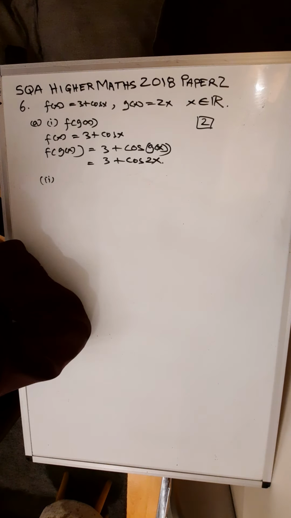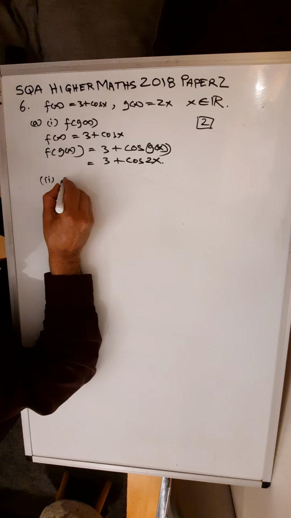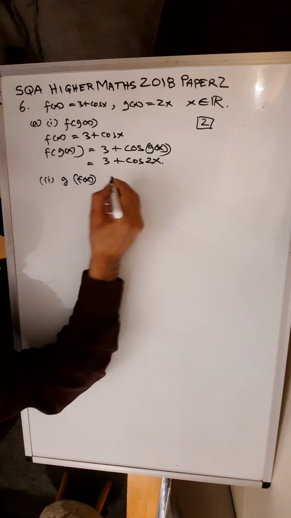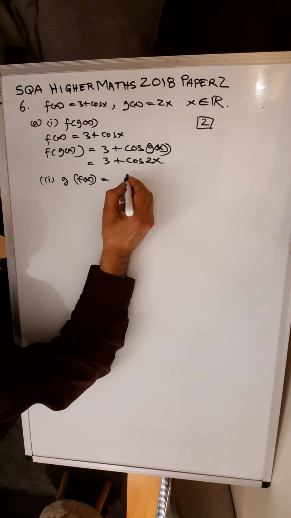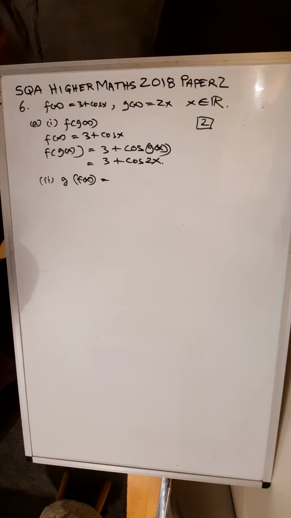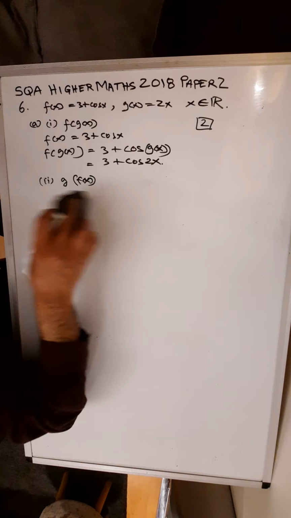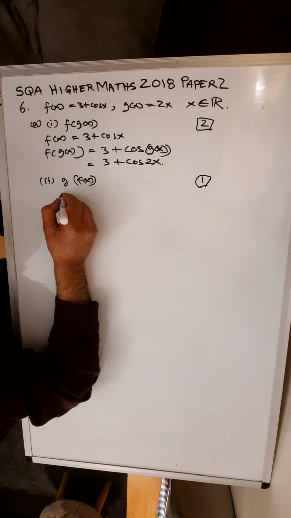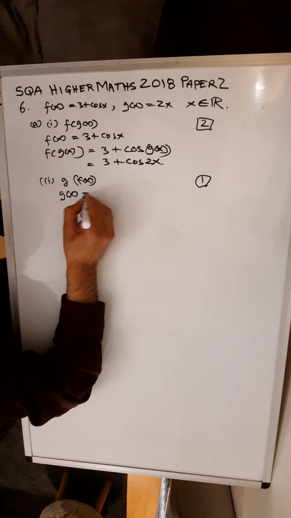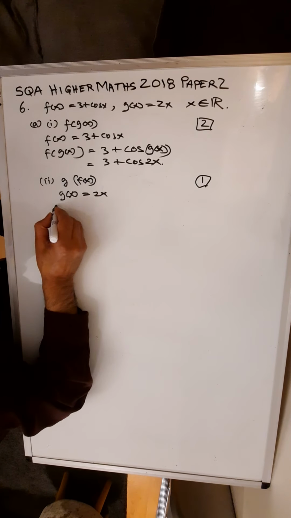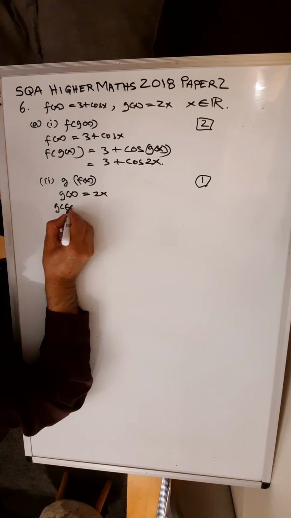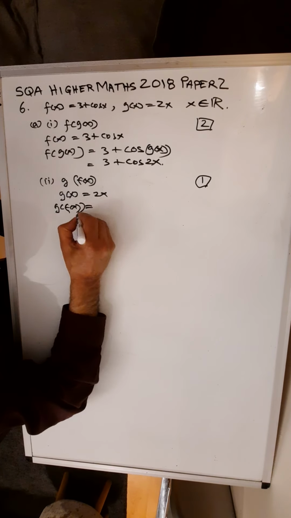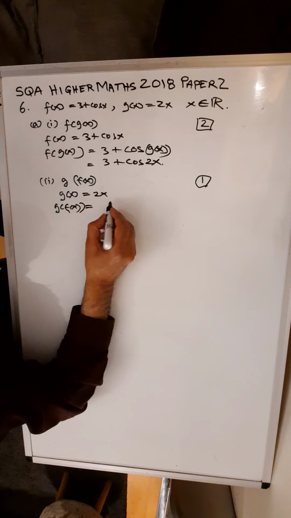The second part is find g of f of x, and this is for 1 mark. Again, if you look at g of x itself, it is 2x. G of f of x, you're going to replace the x by f of x.